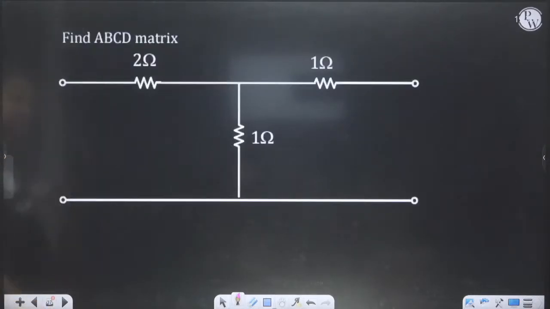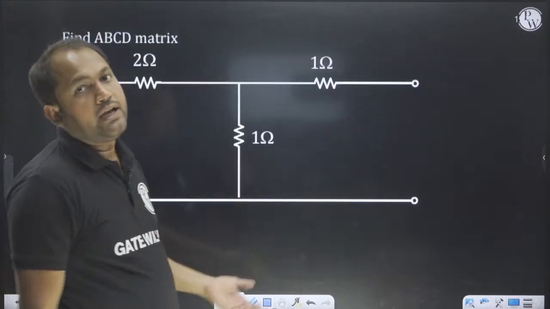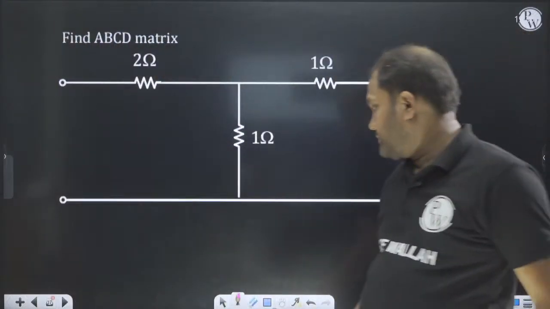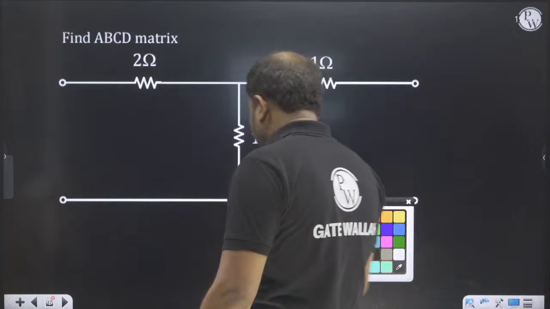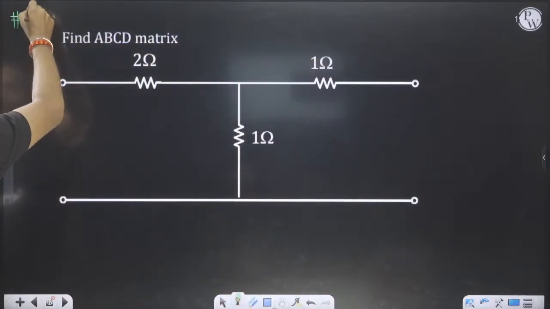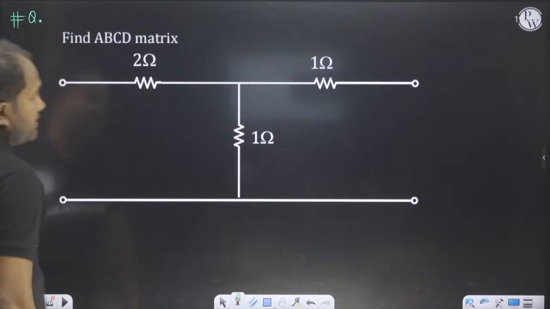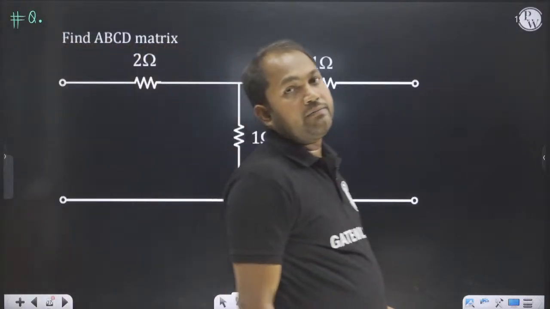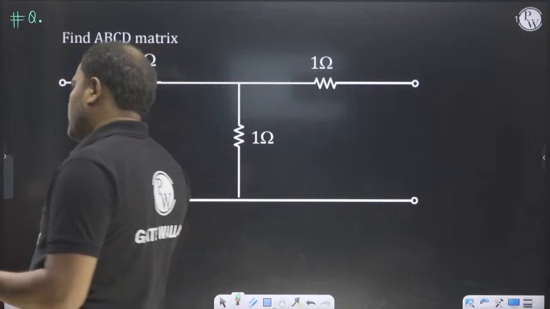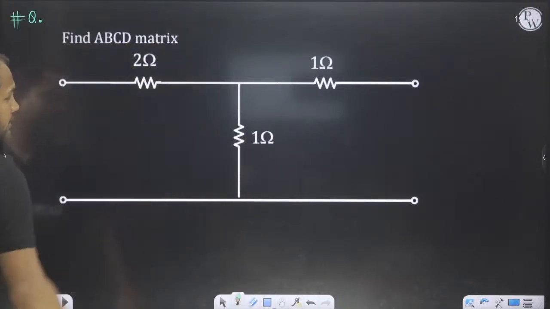Then a T network is given and they are asking for the ABCD parameter and H parameter. So what will you do? First of all, go through the ABCD matrix.